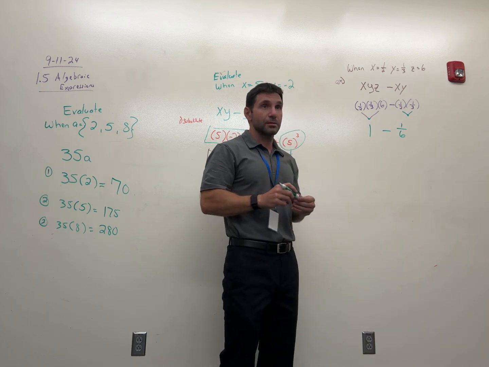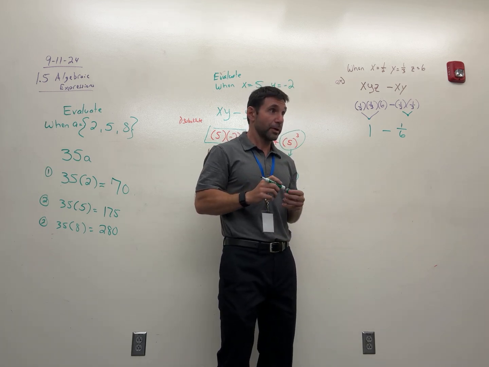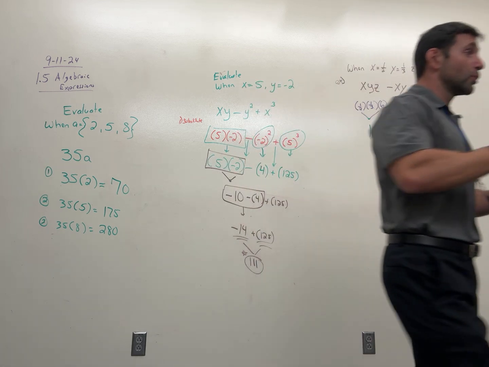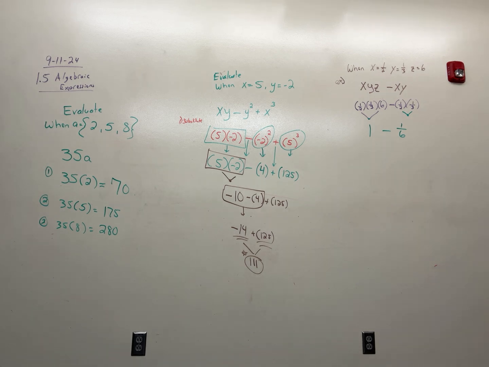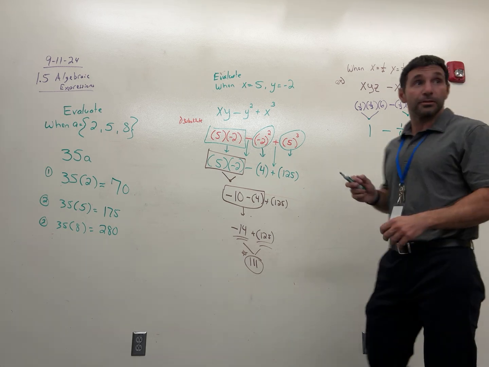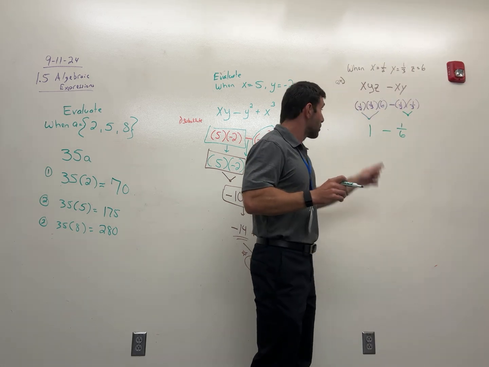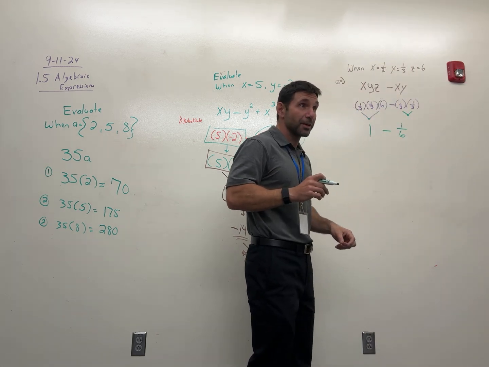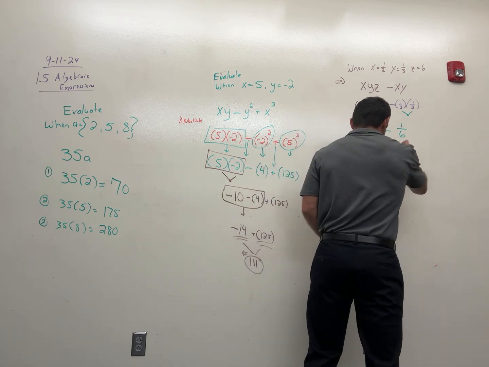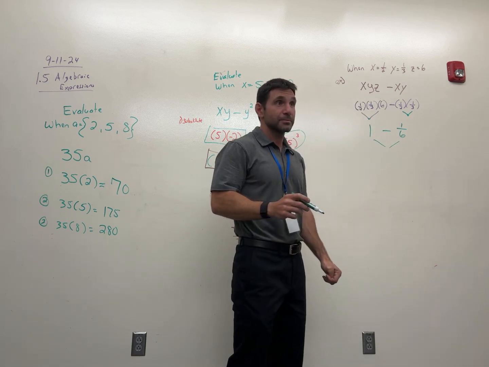Mr. H, this doesn't look nice. Wait, go ahead, I'll wait. How do you do the fraction? Oh, yeah. Okay, so now clear out your calculator. Press 1 minus 1 divided by 6. Should get a decimal again. 0.8.